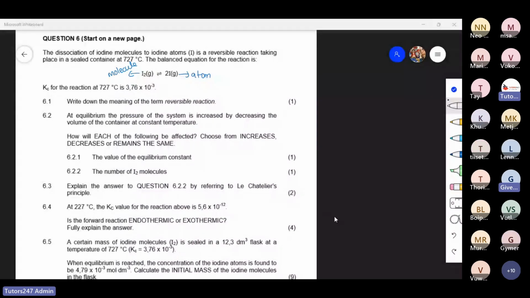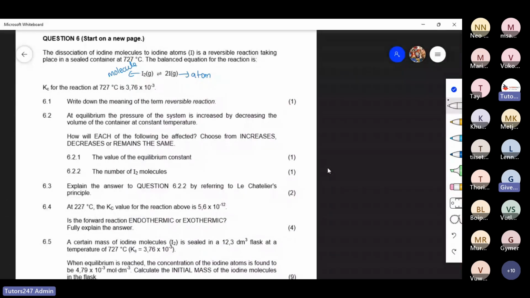So we've got the dissociation of iodine molecules to iodine atoms is a reversible reaction taking place in a sealed container at 727 degrees Celsius. The balanced equation for the reaction is our iodine molecules on the left dissociate or break up to become iodine atoms on the right.